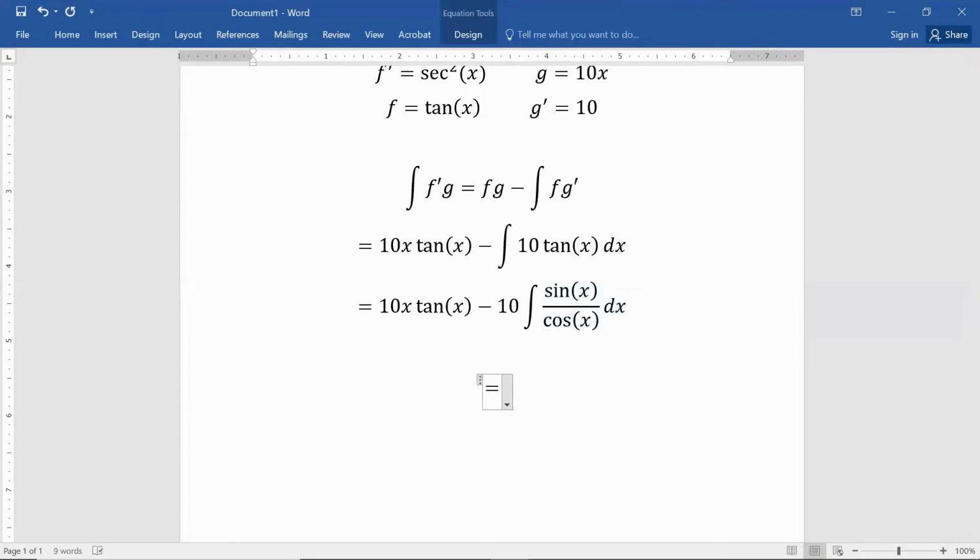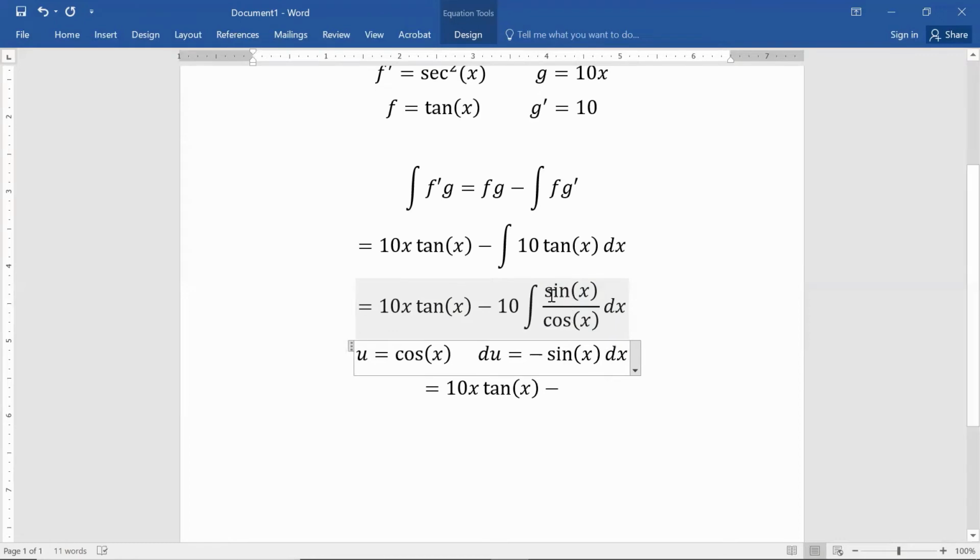So what is happening is I'm trying to integrate tangent. On the integration part, I'm going to set u equals cosine of x. And then my du dx exchange will be negative sine of x dx.